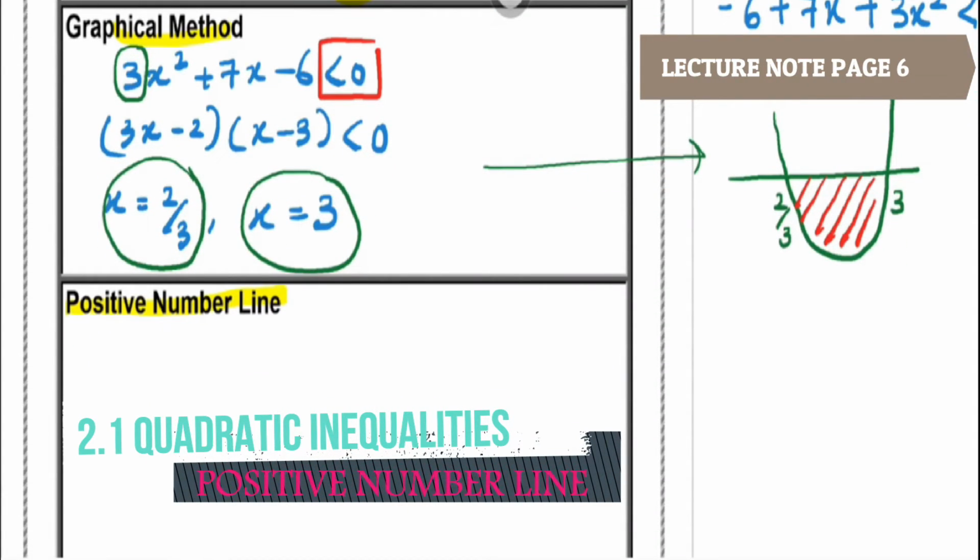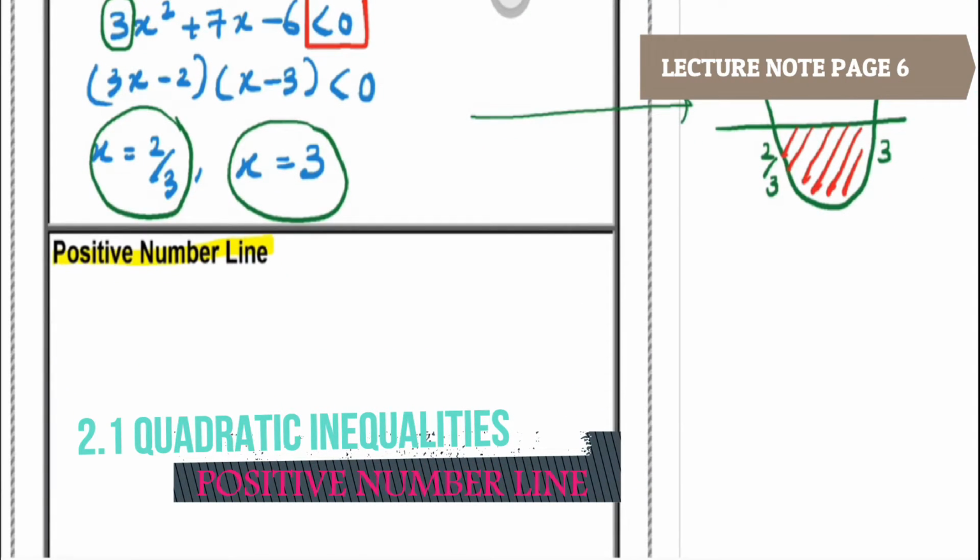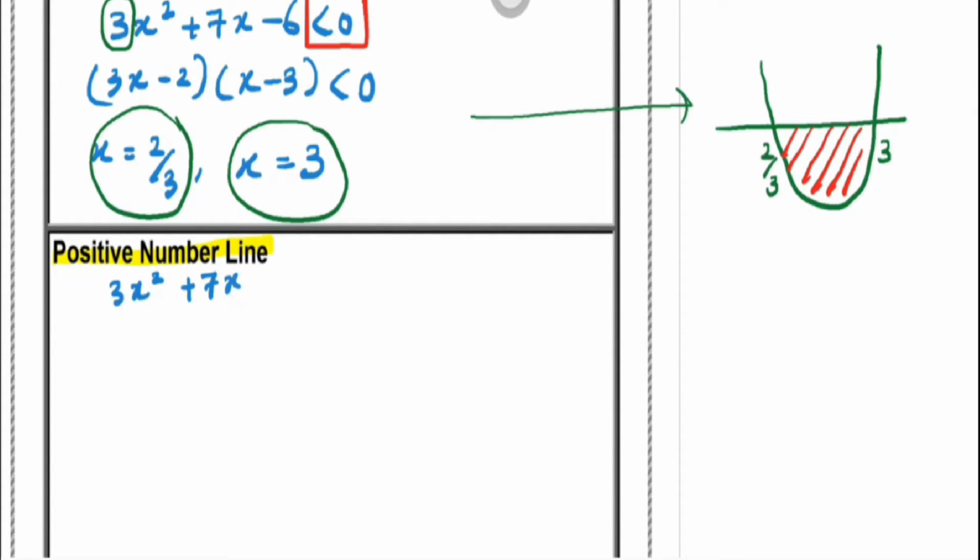Okay, by using the same question, 3x squared plus 7x minus 6 less than 0. Okay, same with above, we can factorize this into two factors.